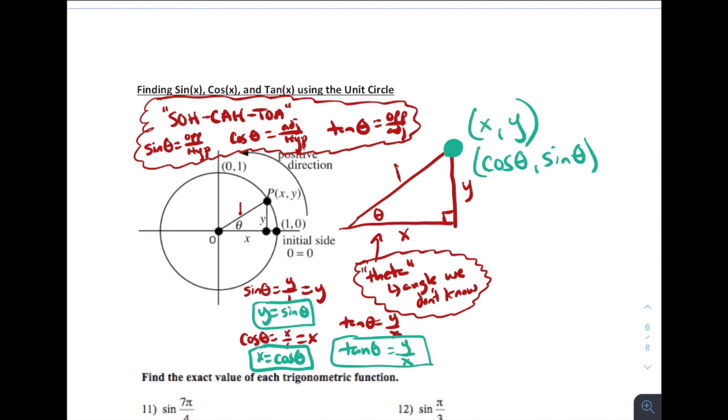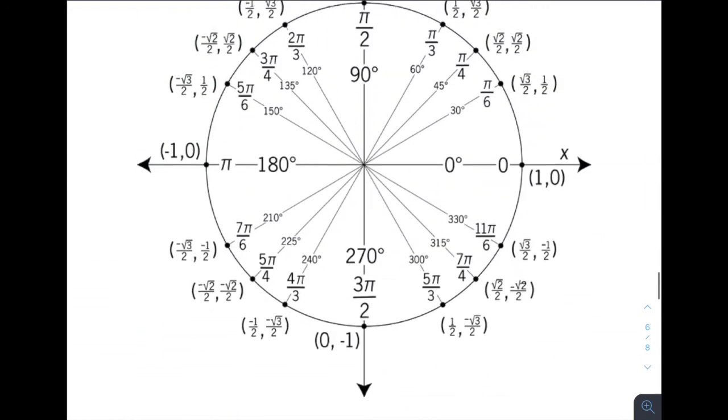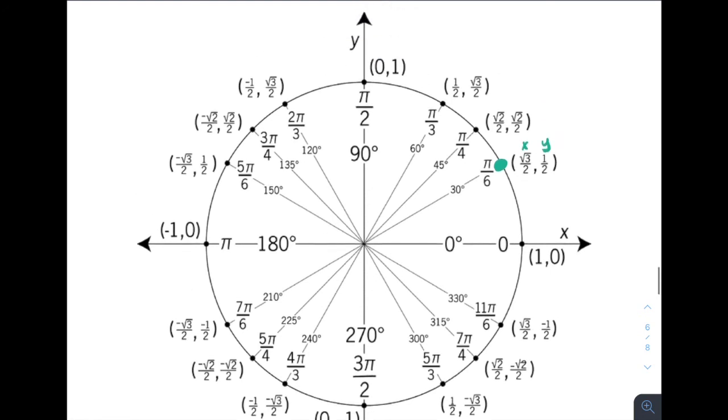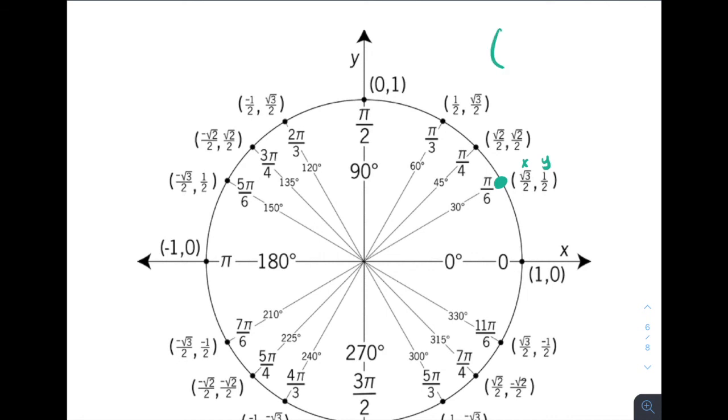Which means, for example, if we take a look at our unit circle right here, we have this point right here. That's a 30-degree angle or a pi over 6 angle, and I see that this is my x and my y. In general, on the unit circle, these coordinates are going to tell you whatever the cosine of that angle is and the sine of that angle is.